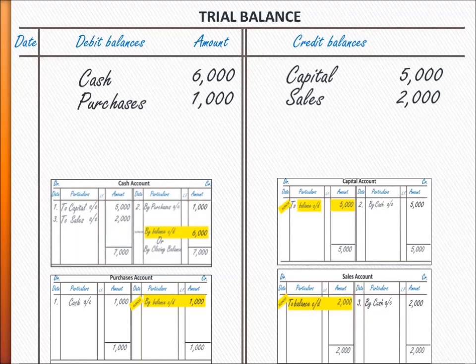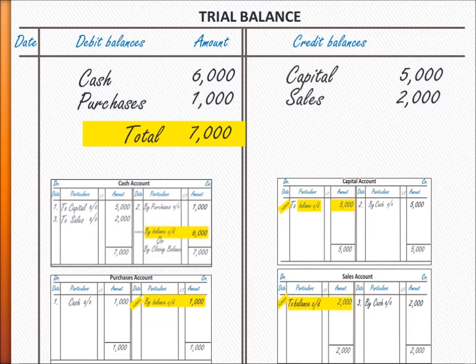In this way, in the trial balance, on debit side, cash 6,000, purchases 1,000. You can write down account as suffix or not, it's up to you, or you should follow your teacher, whatever he likes. So on debit side, the total will be 7,000. There are only two items on the debit side, cash account 6,000, purchase account 1,000.